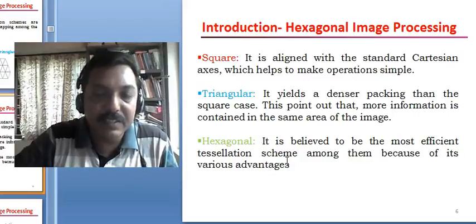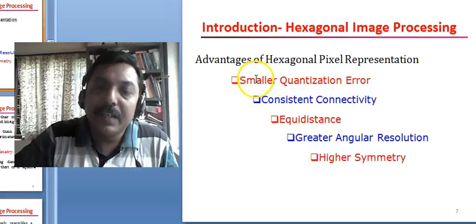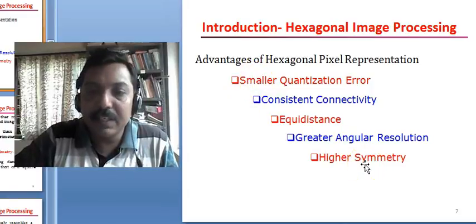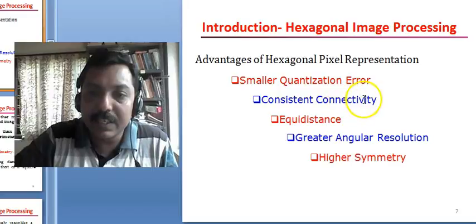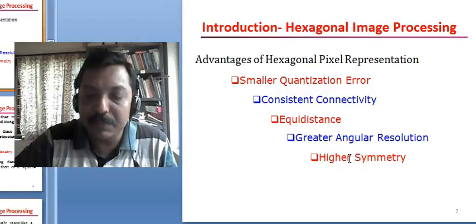So now let us see what the advantages of the hexagonal structure are. I am not going to detail them because of time constraints. The advantages are small quantization error, consistent connectivity, equidistance, greater angular resolution, and higher symmetry.